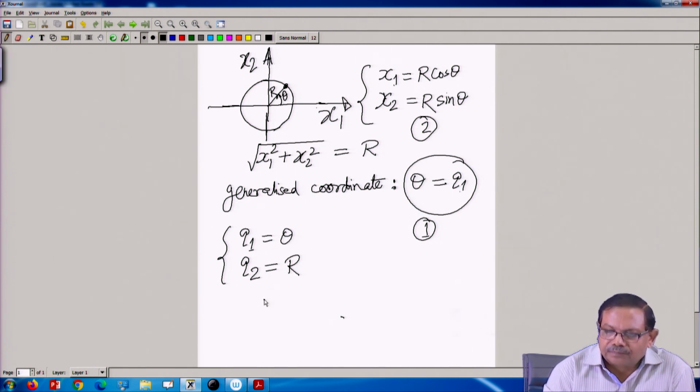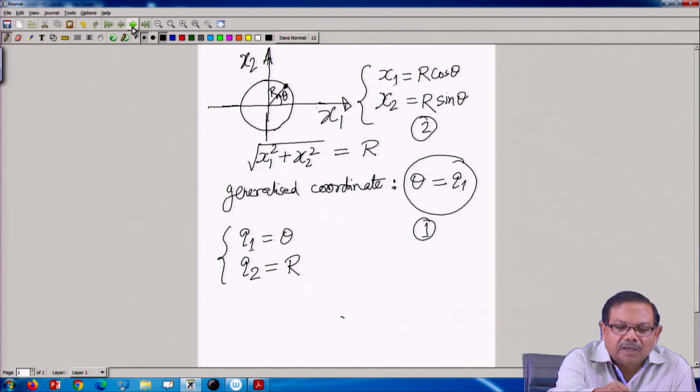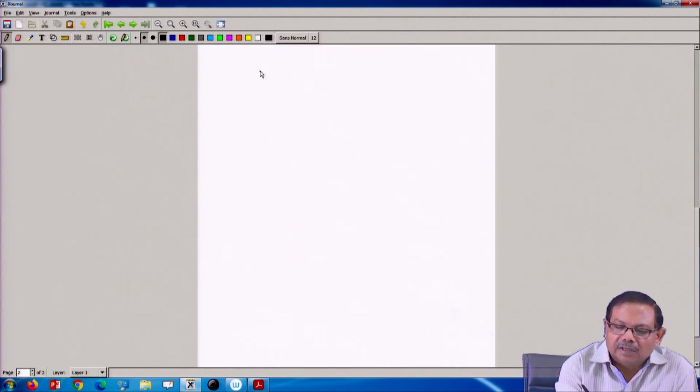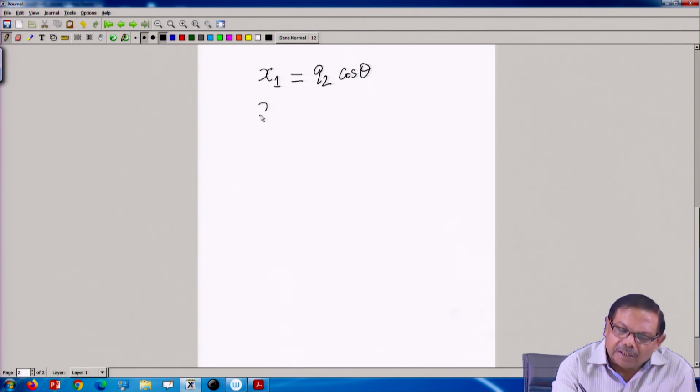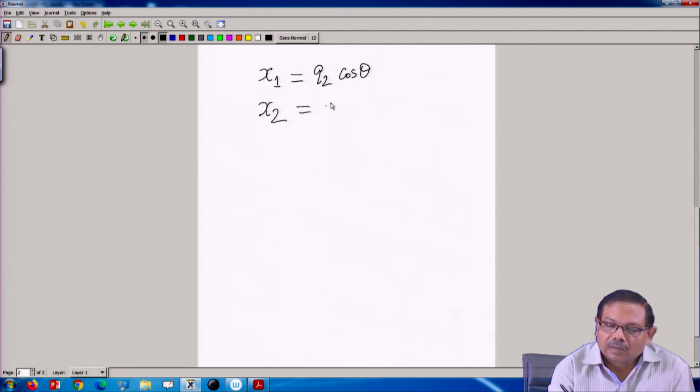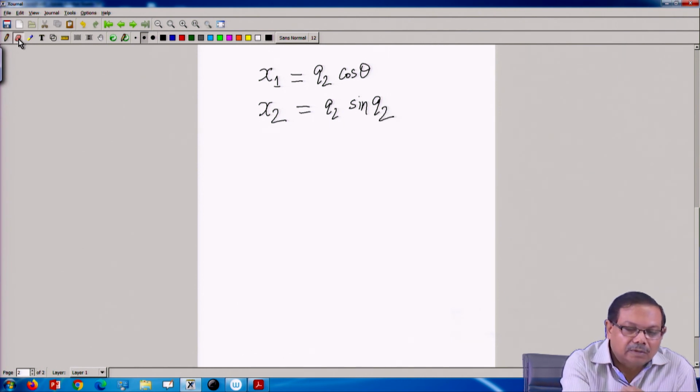I can say x1 equal to q2 cos theta and x2 equal to q2 sin theta.